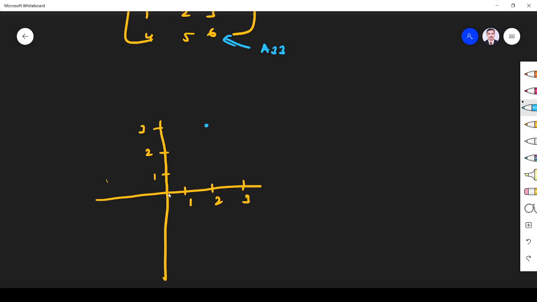So this point is 2, 3. Here you see the arrow has a tail which is sitting at the origin.